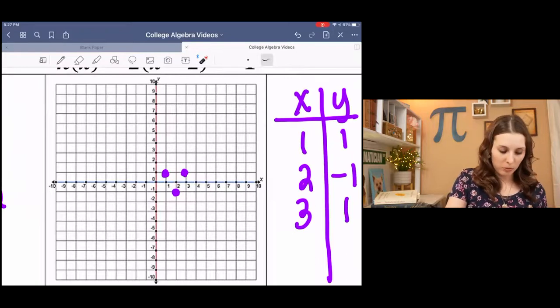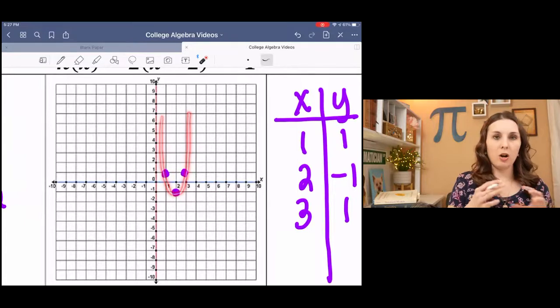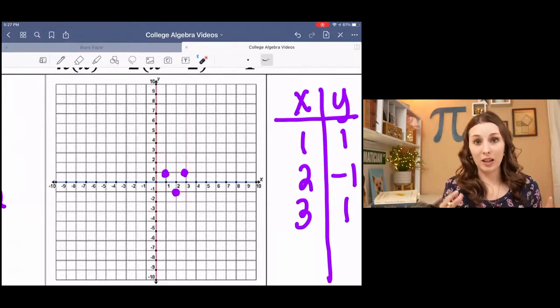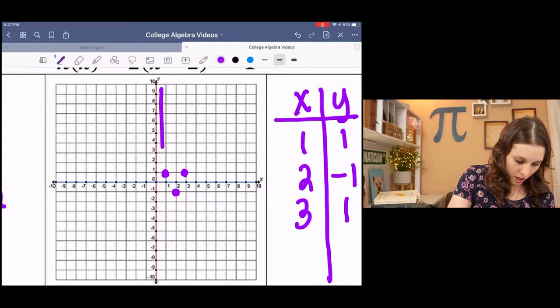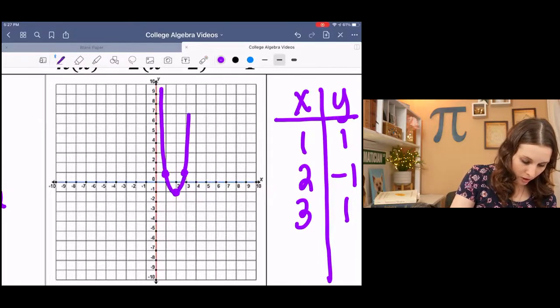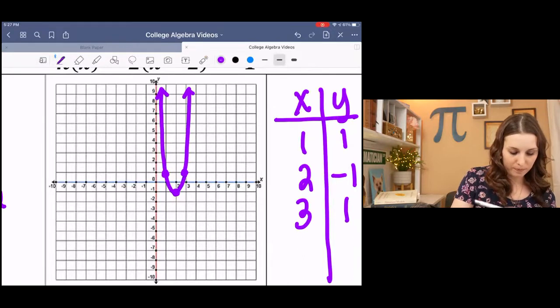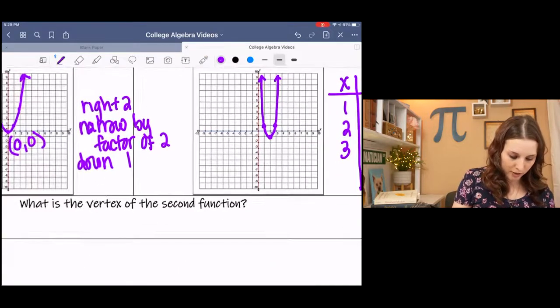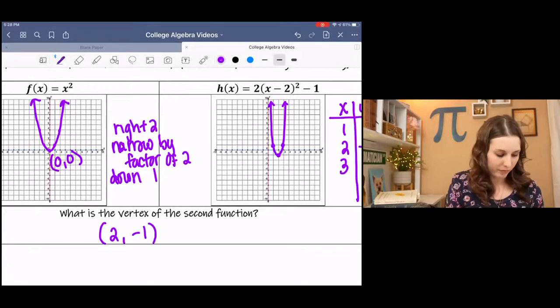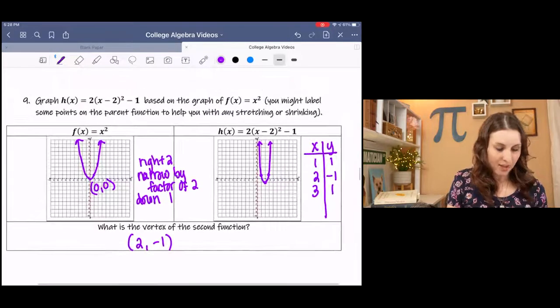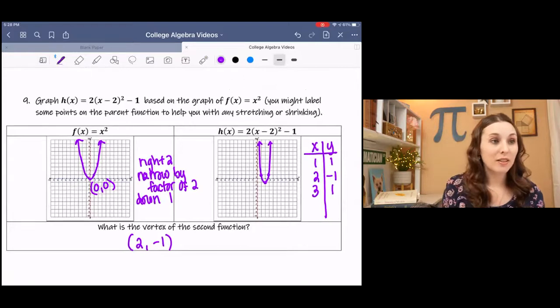And since it's a U-shaped graph, we're going up 2 over 1, and that's how we know exactly how narrow it gets. And then we have our narrower shifted U-shaped graph. And our new vertex is 2, negative 1. So that is how it would look.